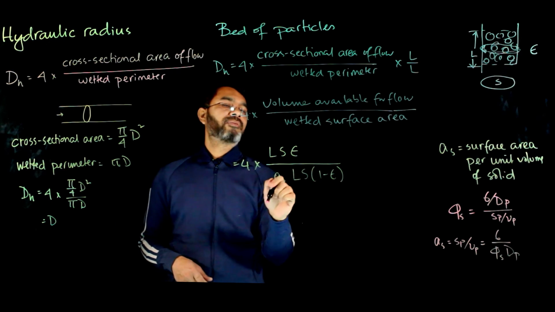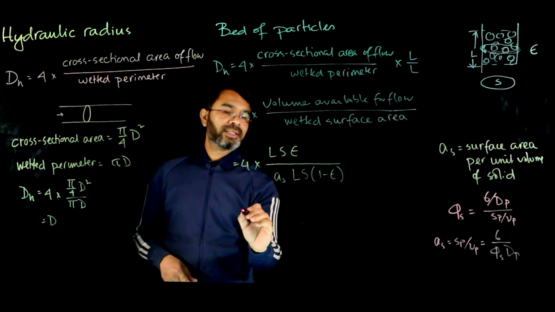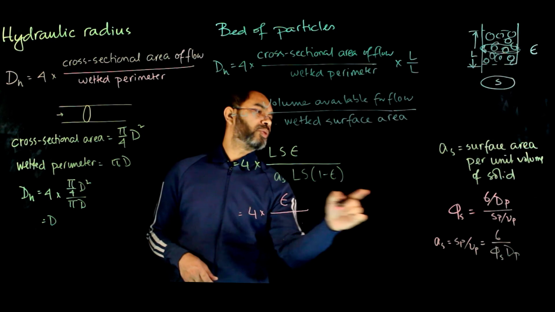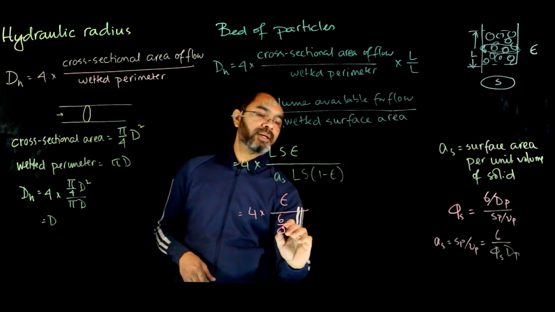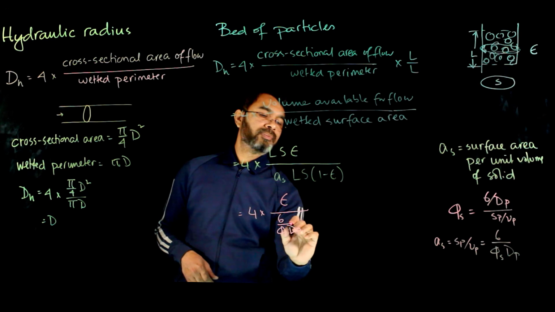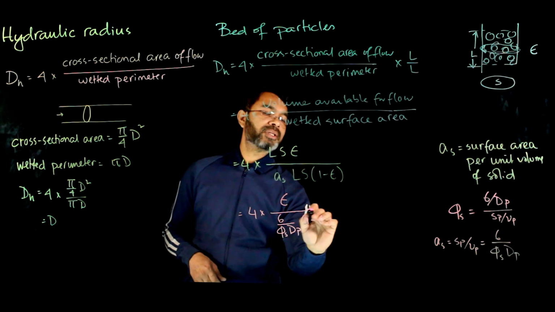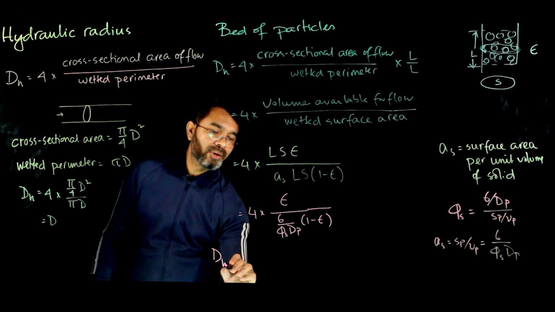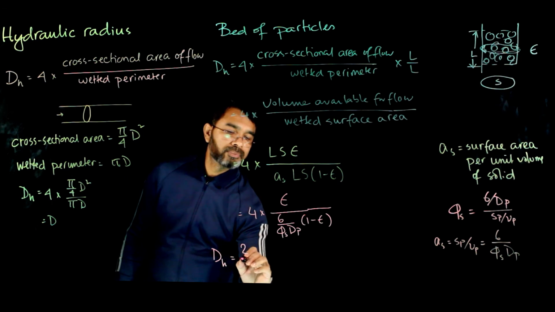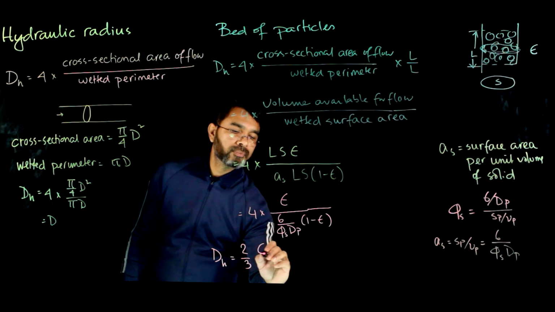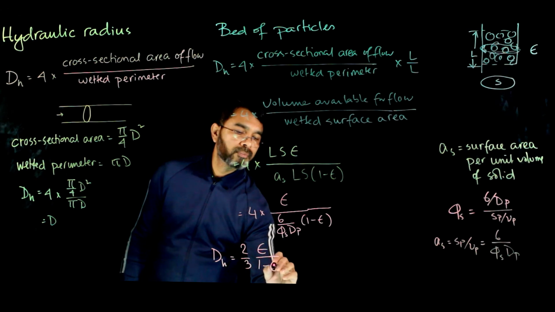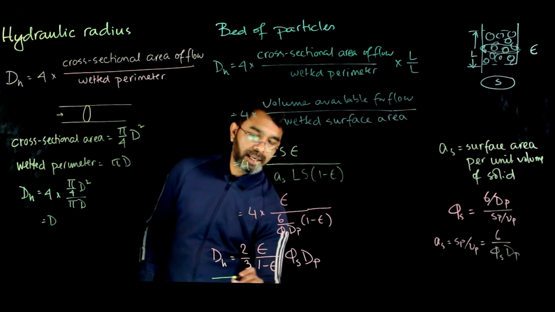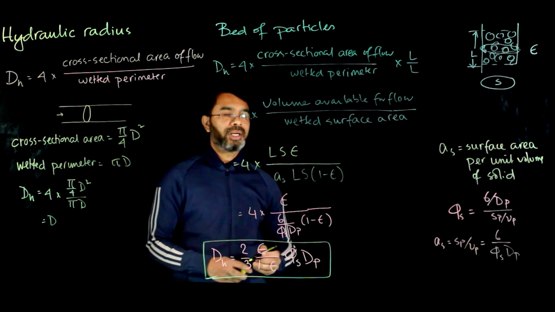Now if we plug this in, first the LS and LS get cancelled, so we have 4 times epsilon there, and aS is replaced by 6 over phi s dp, and we have the term 1 minus epsilon. If you simplify, dH, the hydraulic radius, becomes 2 over 3 phi s dp. So this is the formulation for hydraulic radius.